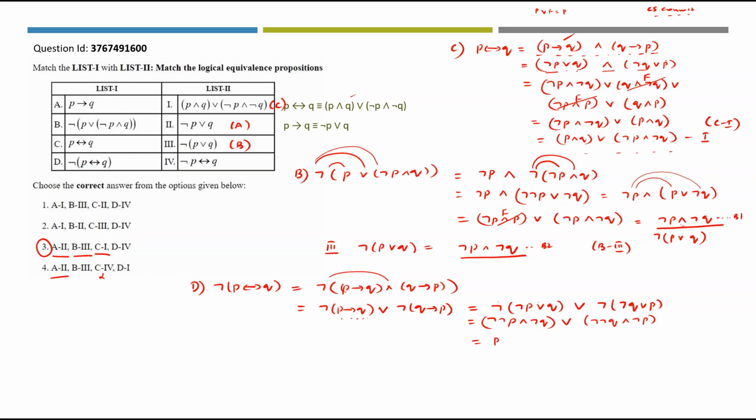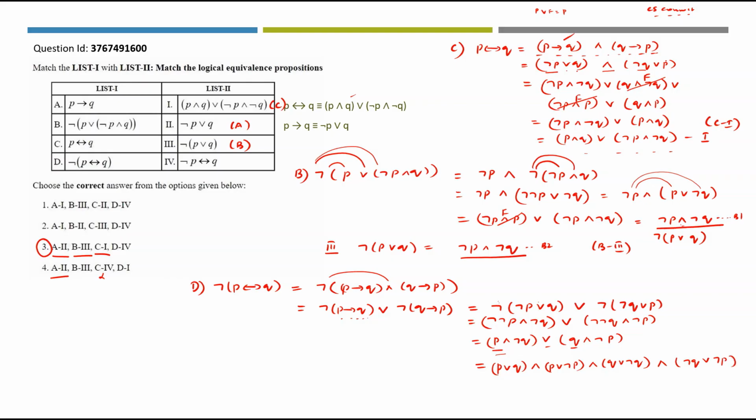Negation of negation P will be P and negation of Q, or we will have Q negation of P. This will be P disjunction Q. We will have and here, then P disjunction negation of P. We will again have and here. We have Q disjunction negation of Q or negation of Q disjunction Q. Then we have and we have negation of Q disjunction negation of P.